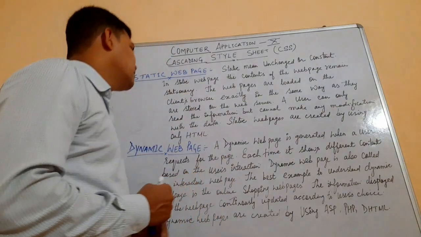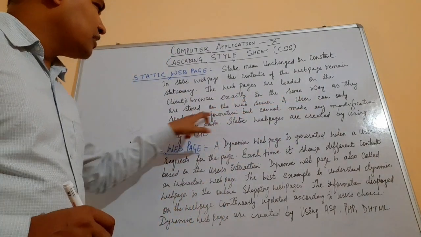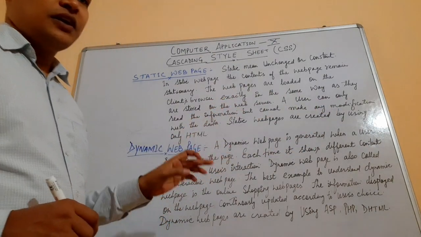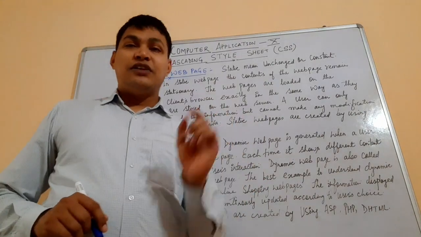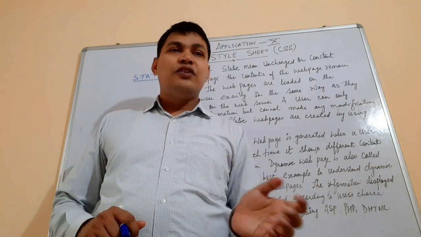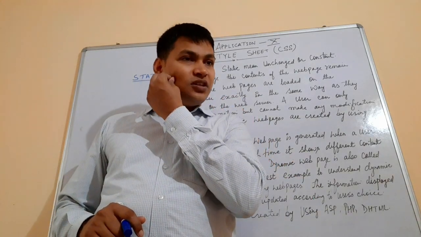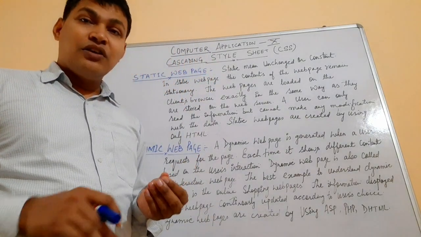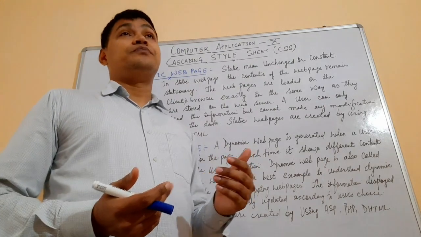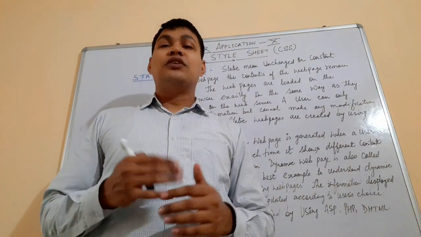So the page that you have created with the help of HTML is called a static page. One more thing we have to discuss here: a user can read the information but cannot make any modification to the data. As you have done in HTML, whatever is written in the HTML, when you get the output in the web browser, you cannot modify the content of the web page until you modify the code.